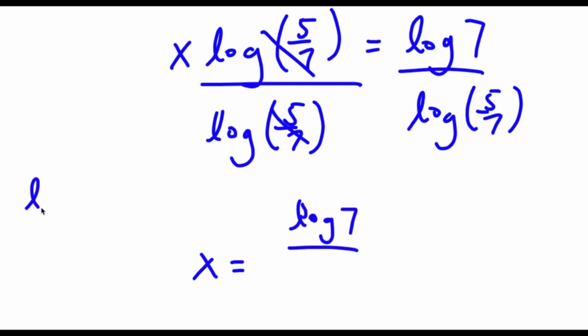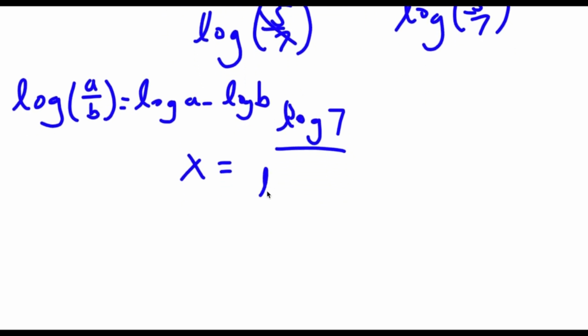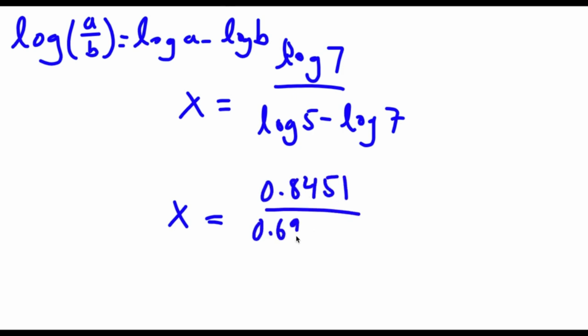Now if I have something in the form log a over b, it's the same thing as log a minus log b. So log 5 over 7, that's going to equal log 5 minus log 7. So now log 7, this is actually equal to 0.8451 over log 5, this is equal to 0.6990.